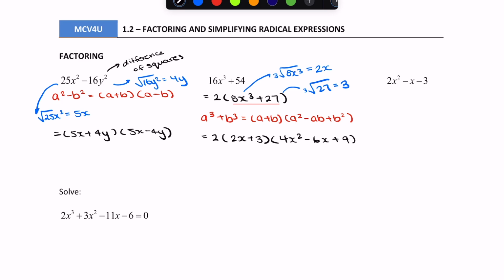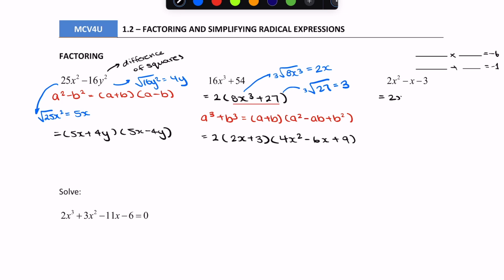Okay, the last example that we have here is 2x squared minus x minus 3. Here we are just going to use simple decomposition. Remember, we want two values that multiply to equal a times c, which in this situation would be -6, and the same two numbers add up to equal b, or -1.